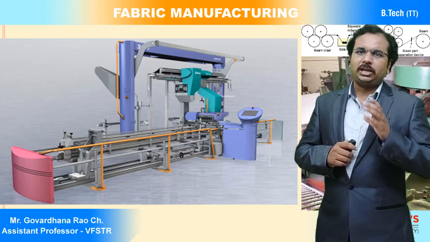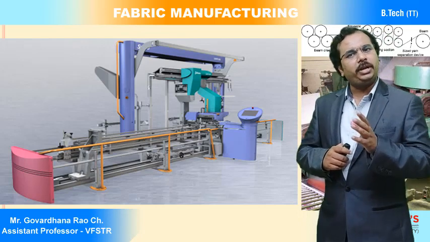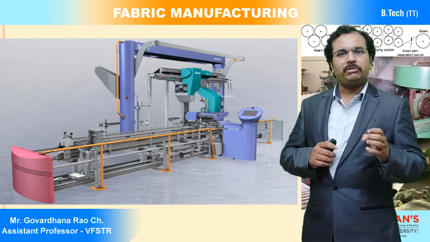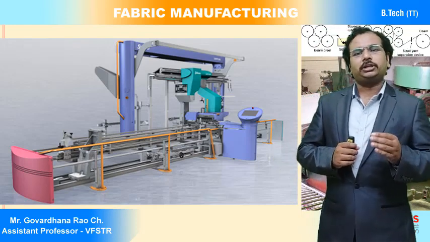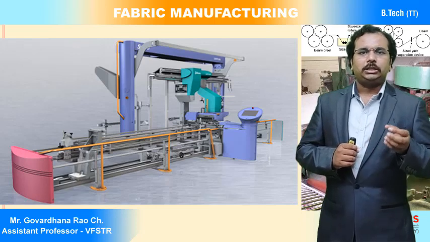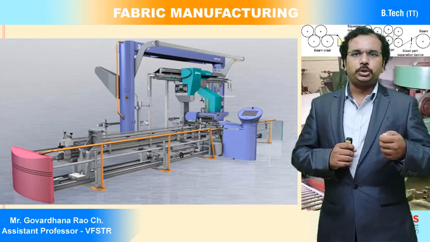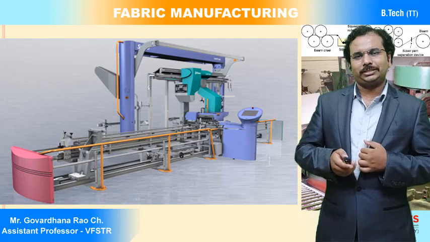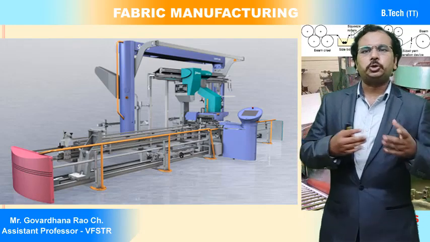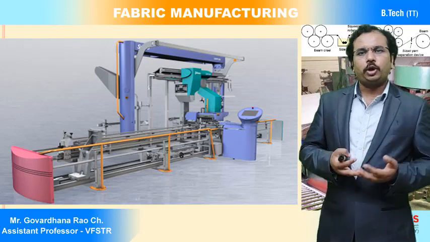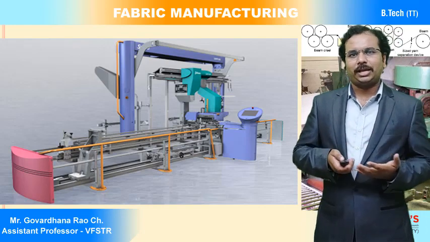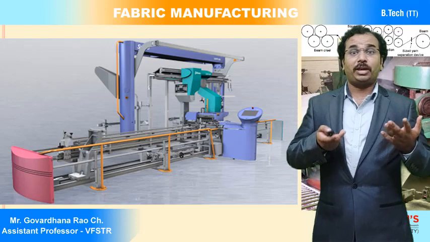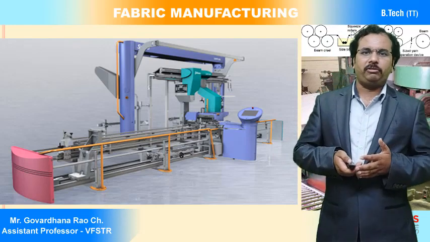After the drawing in process, the denting will be done manually only. Denting is nothing but, after completion of drawing in, taking the drawn warp threads again through the reed dents. Whether 1 per dent, 2 per dent or 3 per dent is decided as per the design we are going to manufacture in the weaving process.